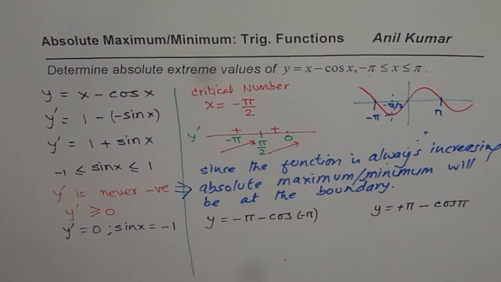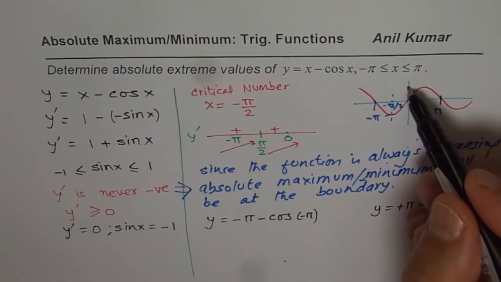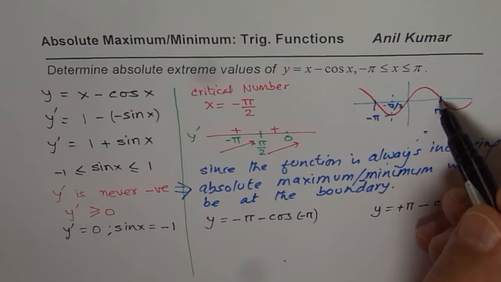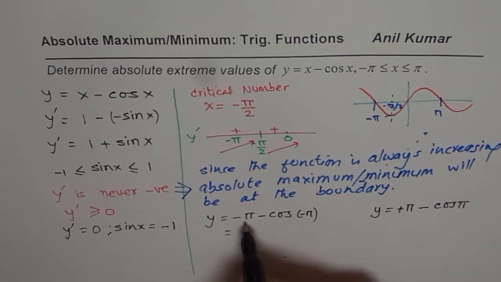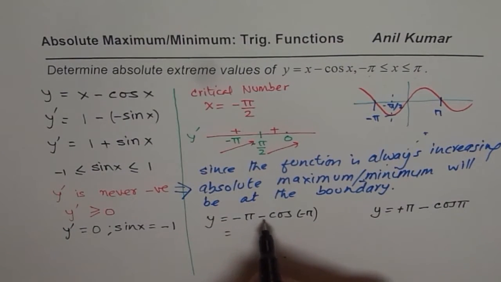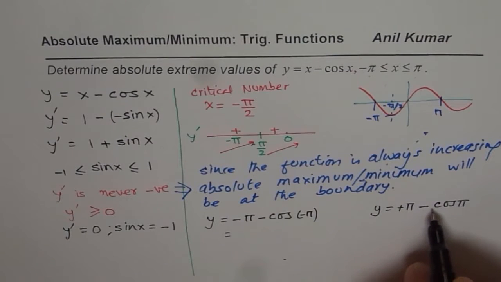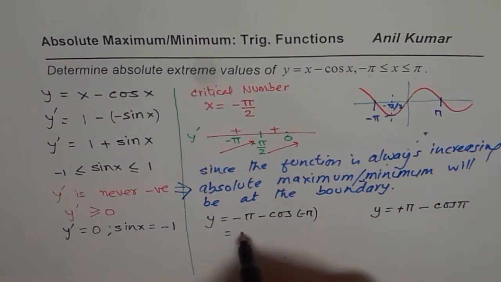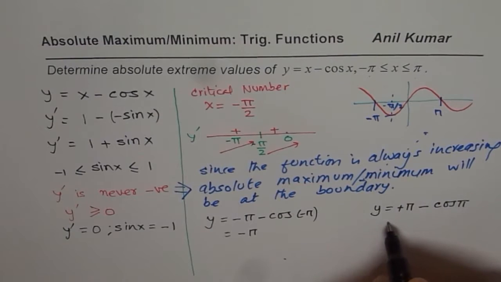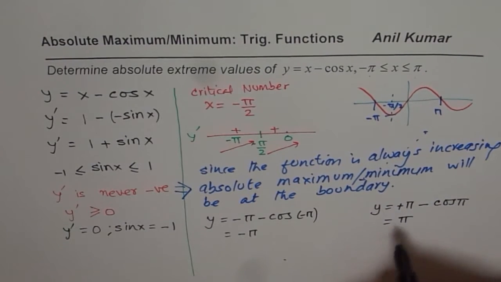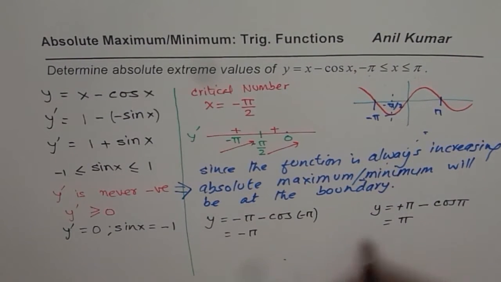So what is cos of pi? Cos starts with maximum, and at pi it is minus 1, so this value is minus pi minus 0, that is pi minus 0. So this is minus pi and that one is plus pi. That is the minimum, and this is the maximum.